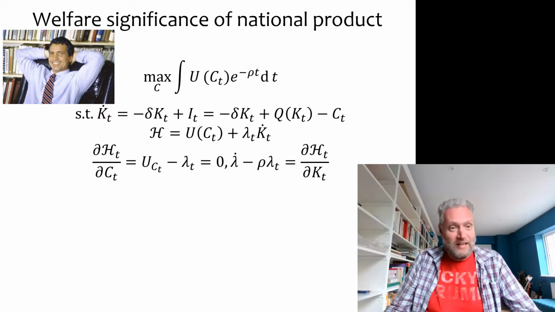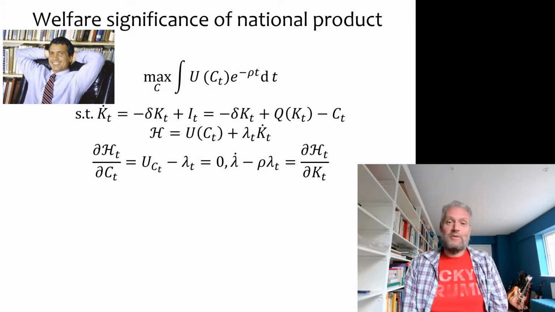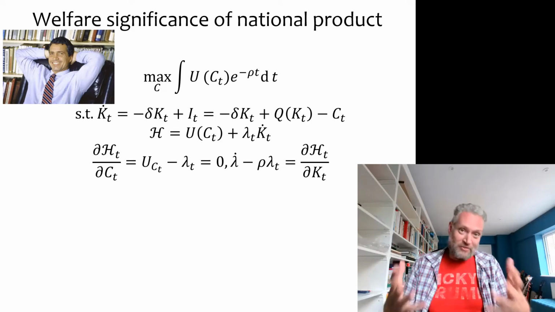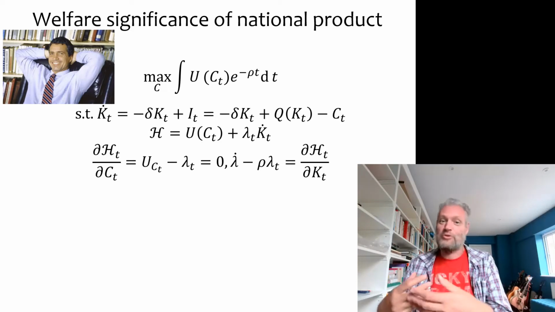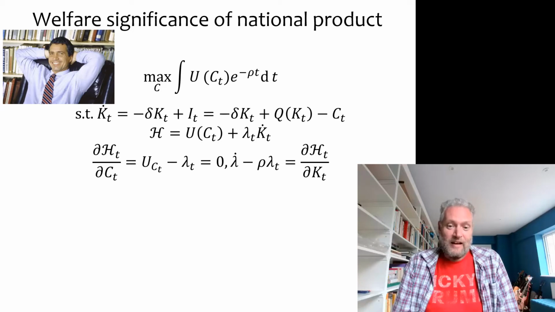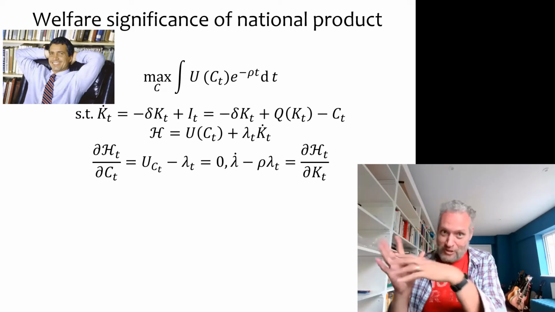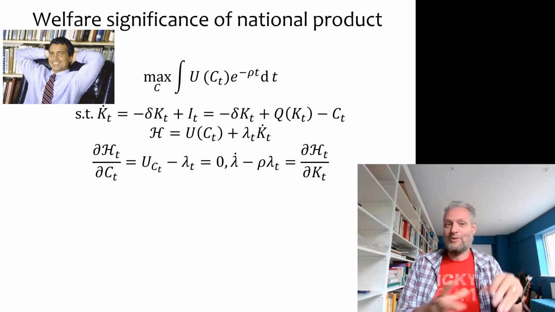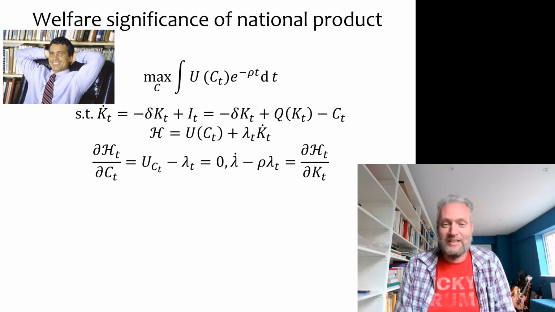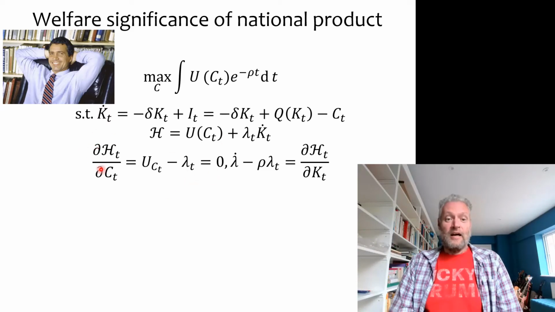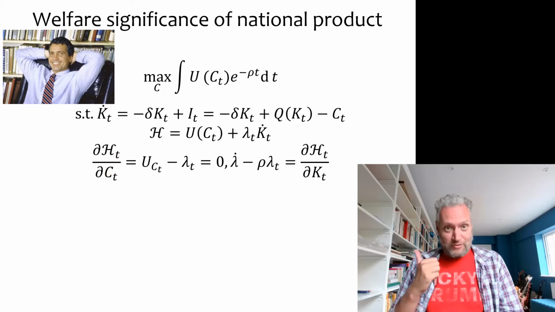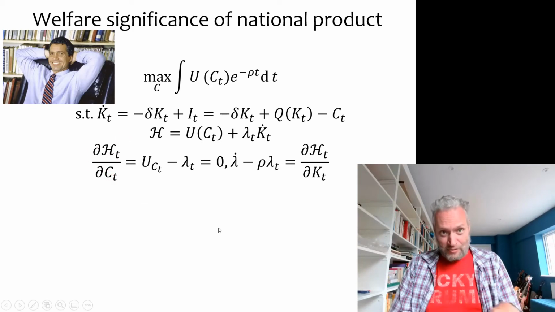And that makes intuitive sense, because if you invest, you essentially increase future consumption, so the shadow price of capital, the marginal value of capital, should be equal to the marginal utility of consumption. Makes intuitive sense. So that is this expression here. That's the first order condition, the static first order condition.